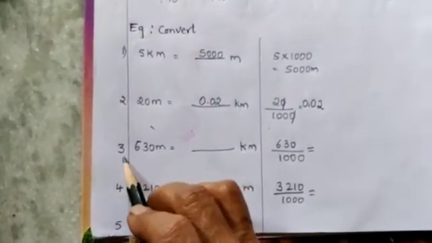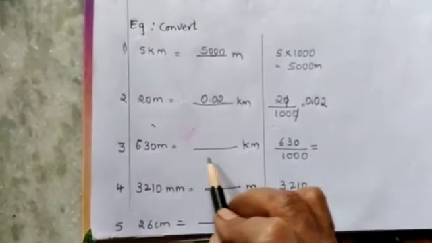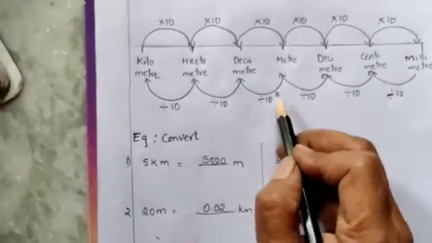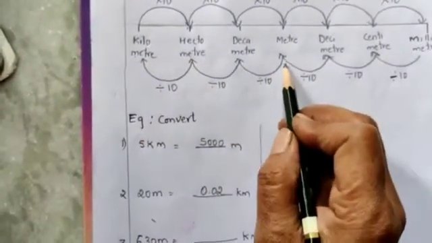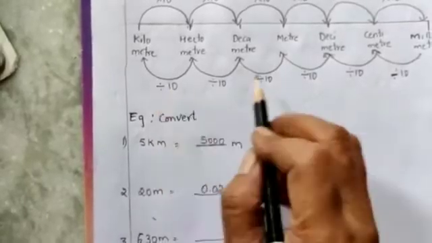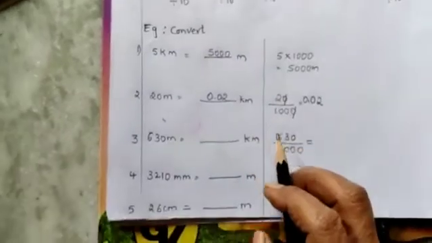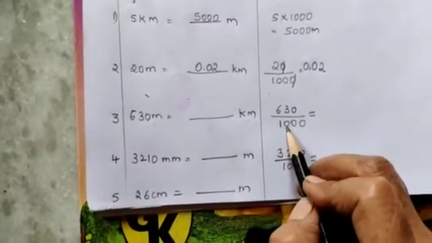Next, the third bit, 630 meters. 630 meters is equal to dash kilometers. So again you are converting meter to kilometer, smaller unit to bigger unit. Smaller into bigger unit, you have to divide. How much? 1000. For 630 you have to divide by 1000.